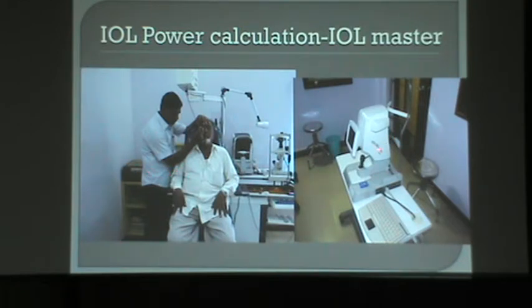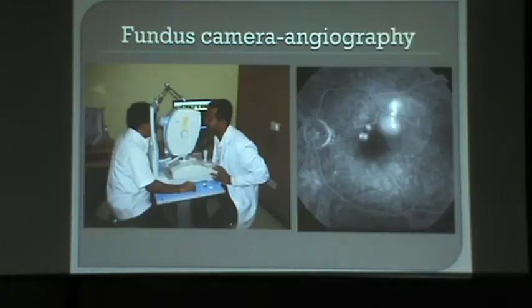Now this is the latest biometry called IOL Master, where after using this, the accuracy is so improved that we have hardly given 0.5 prescription after the surgery. So this is a technological contribution to cataract surgery. Precision in IOL power calculation.